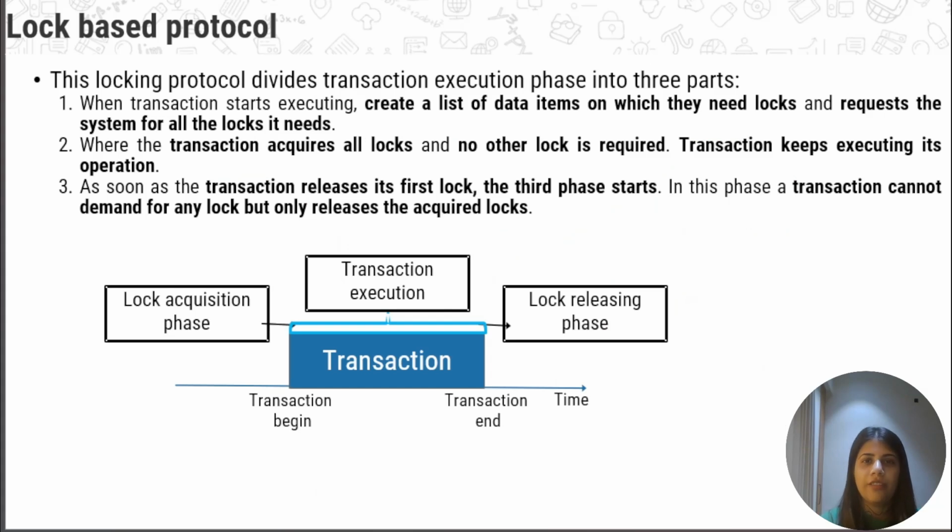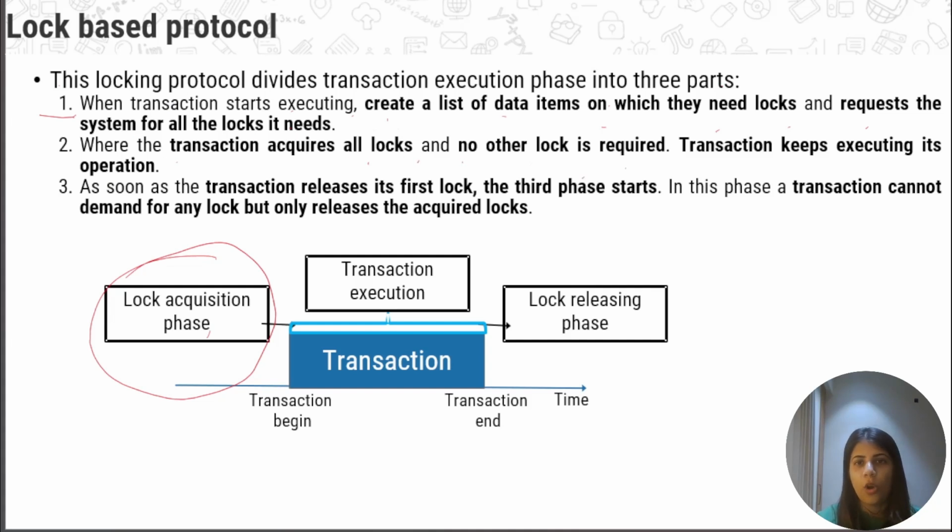This locking protocol divides the transaction execution phase into three parts. Let's understand part by part. When a transaction starts executing, it creates a list of data items on which it needs locks and requests the system for all the locks it needs. So basically this is the lock acquisition phase, where the transaction acquires all the locks.